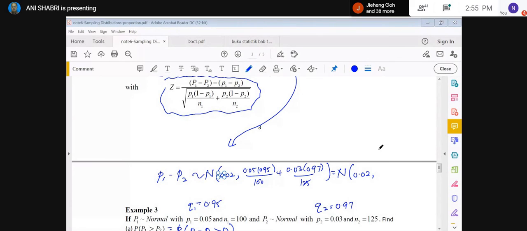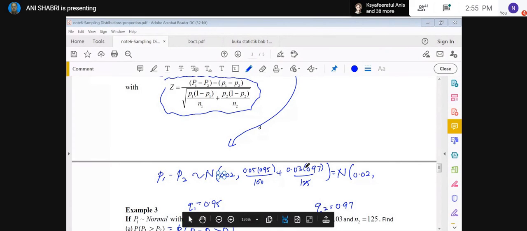Kira berapa nilai dia dapat 0.05 tadi. Lagi belum.